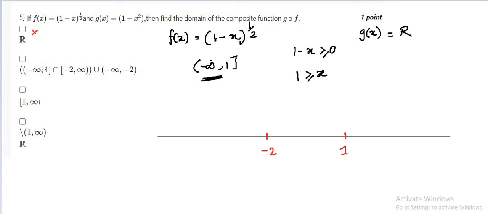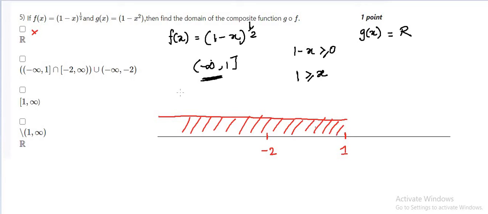If you represent 1 comma minus infinity, it will be in this range. And if you plot minus 2 comma infinity, it will move in this direction.